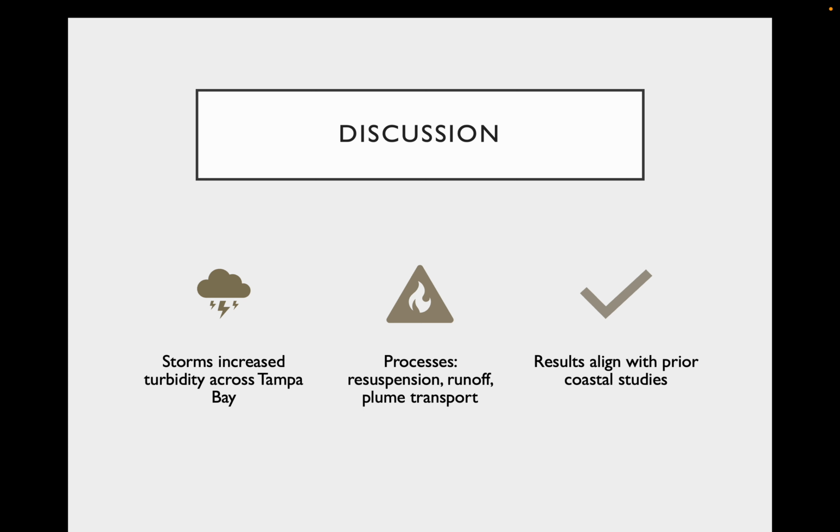The results clearly show that Hurricanes Helene and Milton caused a major increase in turbidity across Tampa Bay. The shift from mostly low to widespread moderate and high NDTI values suggests strong sediment resuspension from the wind and waves, which is expected in shallow estuaries during extreme storms.